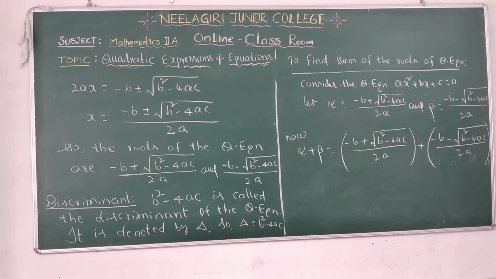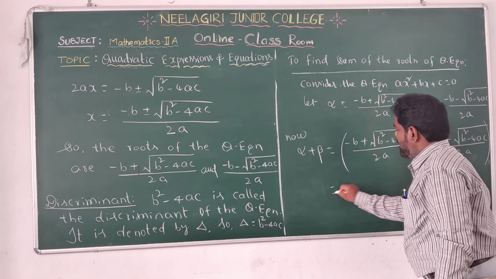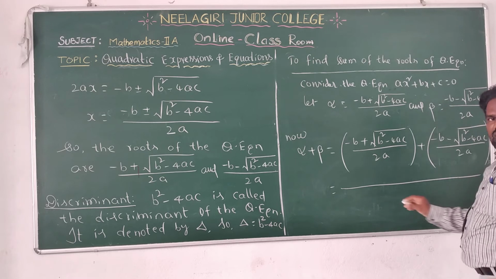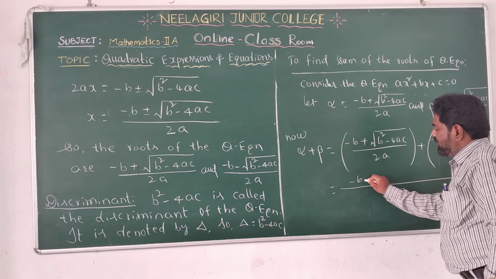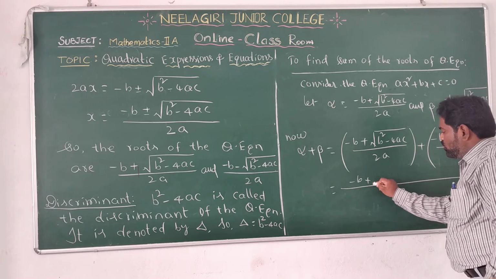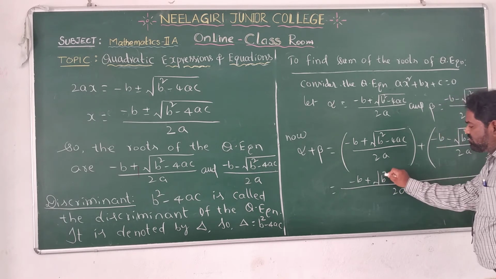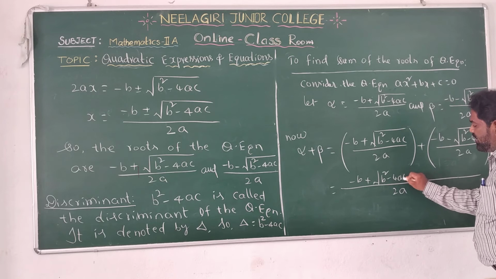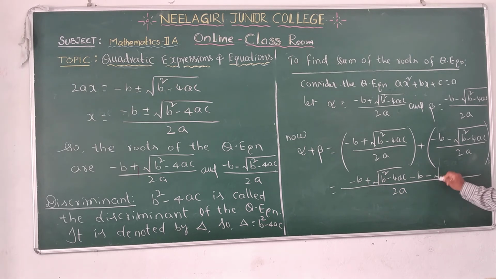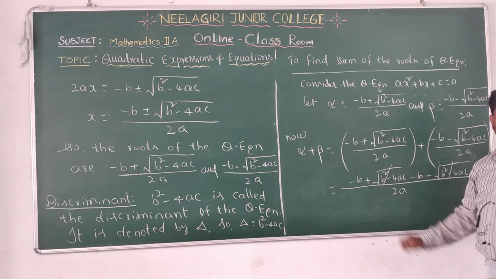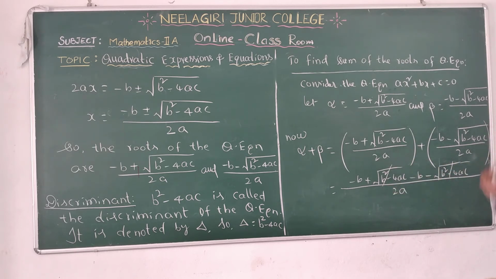The common denominator is 2a. The root b square minus 4ac terms get cancelled.